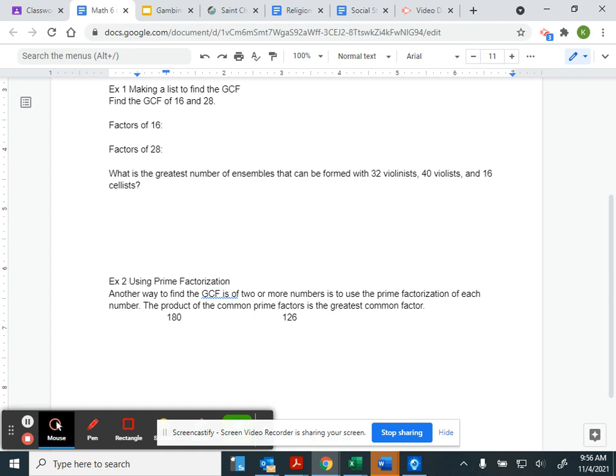If we were to break down our groups into smaller groups, what can we evenly distribute? So they all have the same number of violinists, same number of violists, and the same number of cellists. So we're going to find their common factors and find which one is the greatest one.